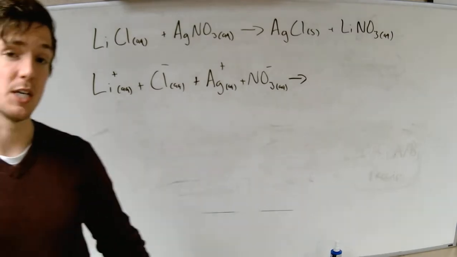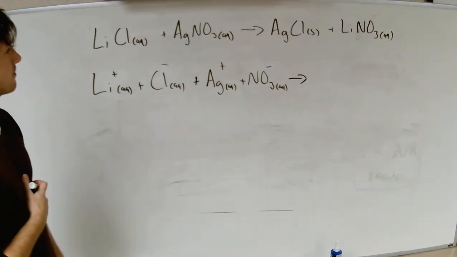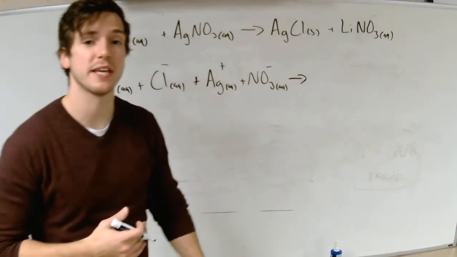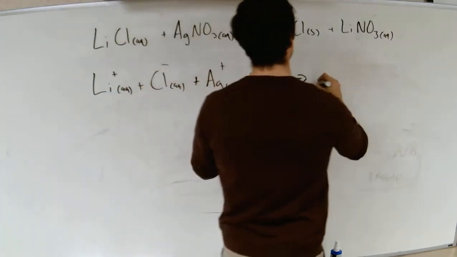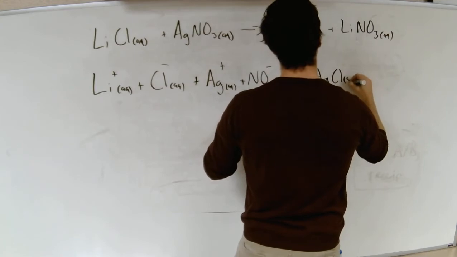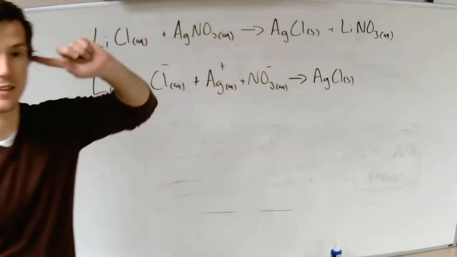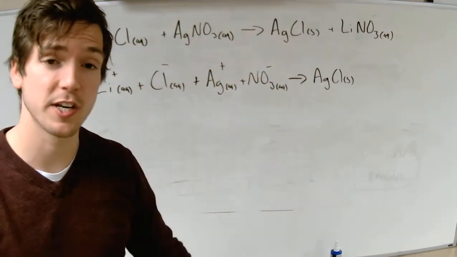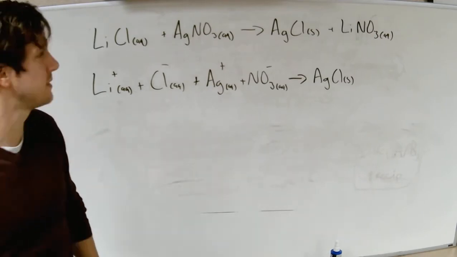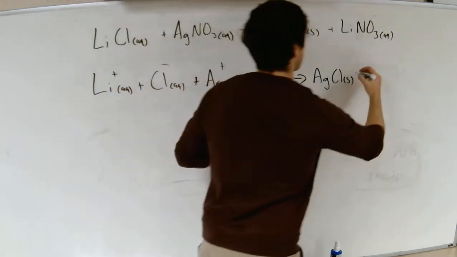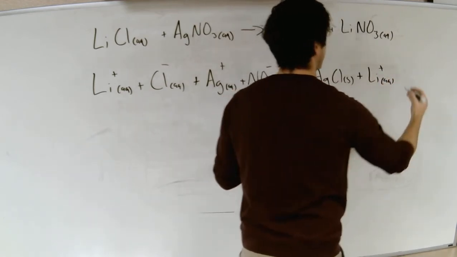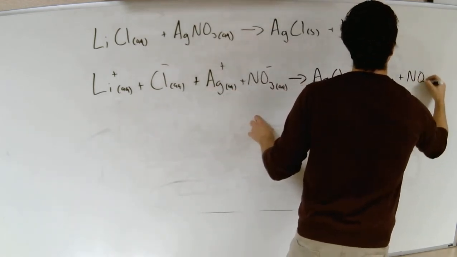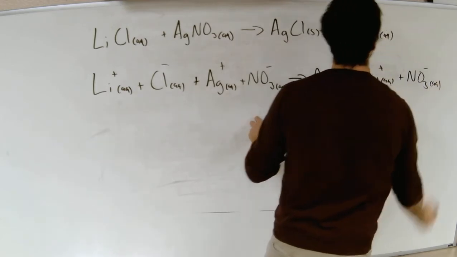Now I'm on the product side. AgCl solid, do I split it up? No. It's a solid. It stays together, right? And then last but not least, I have lithium nitrate over there. Do I split it up? Yes, it is aqueous. So it'll be Li plus aq and NO3 minus aq.